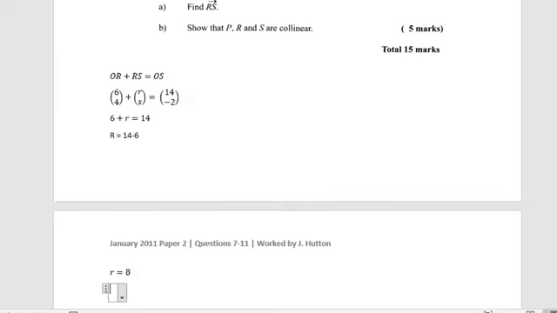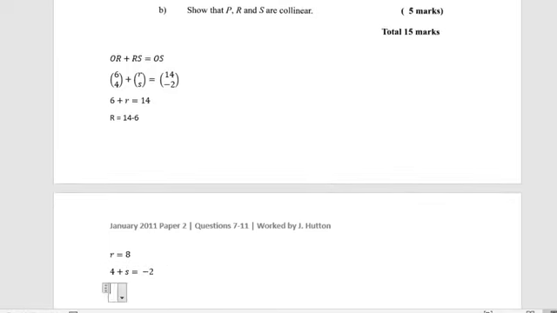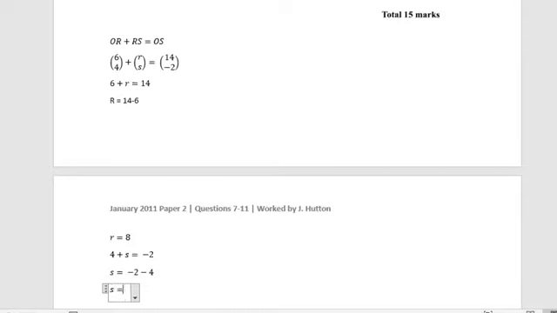And then we can go ahead now and solve for S, which is 4 plus S is equal to -2, and therefore S is equal to -2 minus 4, and S is equal to -6.